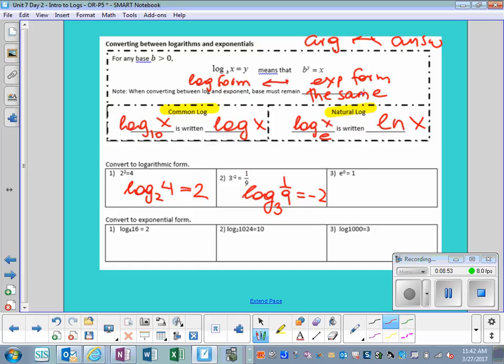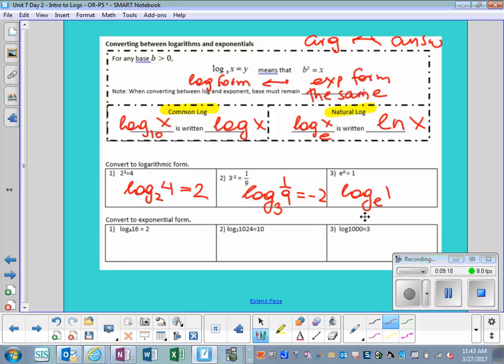Number 3, Isaiah. I need to convert this to log form, so I need the log, right? What is the base for this exponent? You don't know what the base of the exponent is? Isn't it e? It's always that number. So the base of my log should be e. What is the answer for this exponential form? 1.